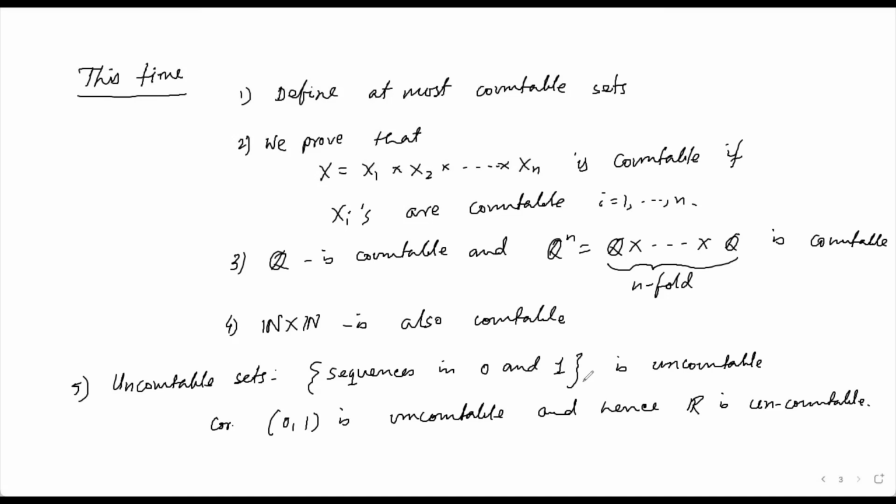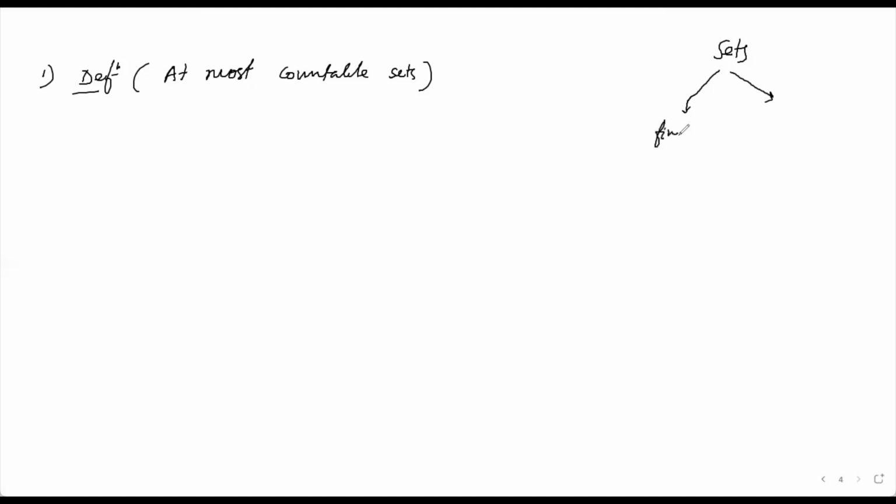Okay, so let us start with the definition of at most countable sets. Sets we can divide into two categories: finite and infinite.